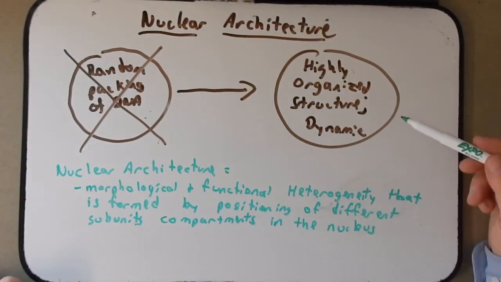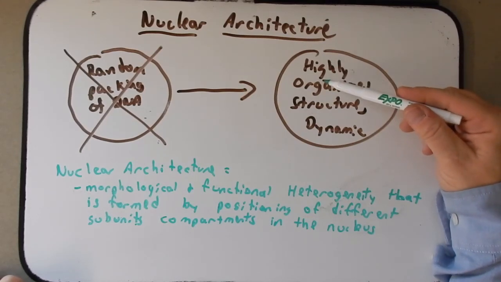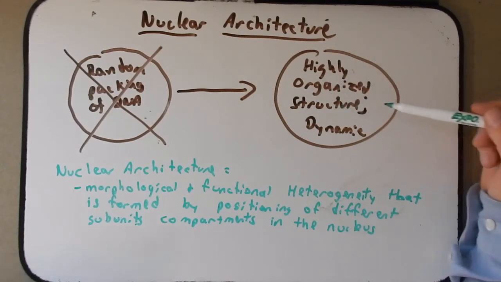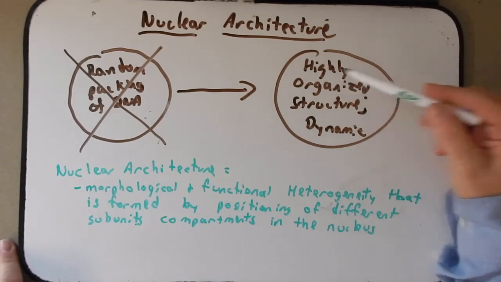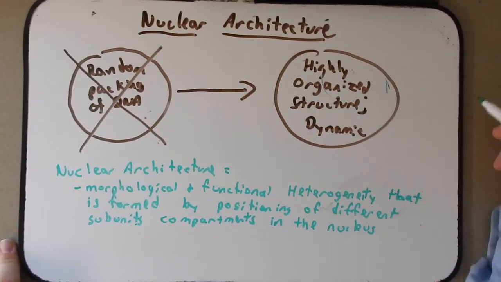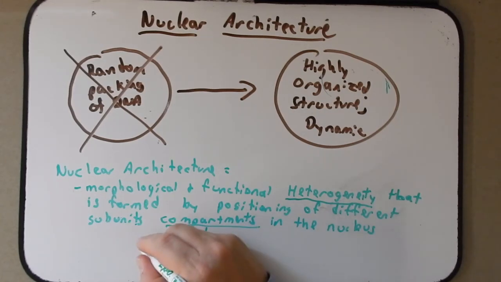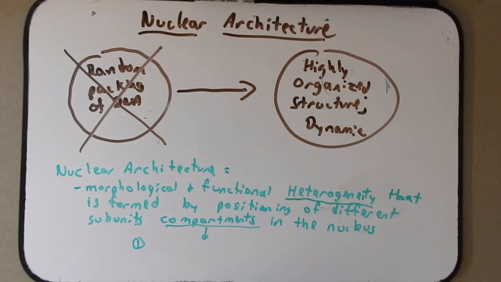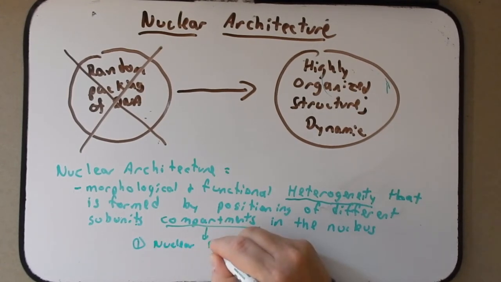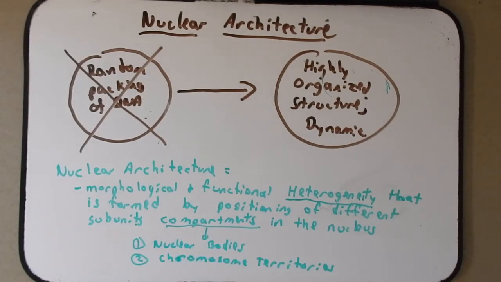So what that means is that, as we'll see in a moment, as chromosomes are placed into the nucleus, they're placed in a very precise manner, but you can see that there's a difference. There's going to be a difference in this region here versus this region versus this region. So that gives us what we might call heterogeneity. These compartments that I'm talking about here, we can place into one of two categories or types. One would be nuclear bodies, and the second would be chromosome territories. So let's consider some of these nuclear bodies and chromosome territories.